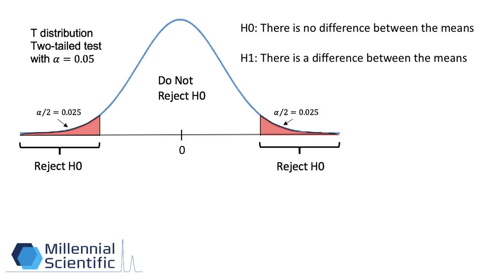This picture is describing a classic two-tailed test. The fact that it's a two-tailed test comes from the alternative hypothesis, H1, which simply states that there is a difference between the means. It doesn't say that the difference is greater than or less than, just there is some difference.